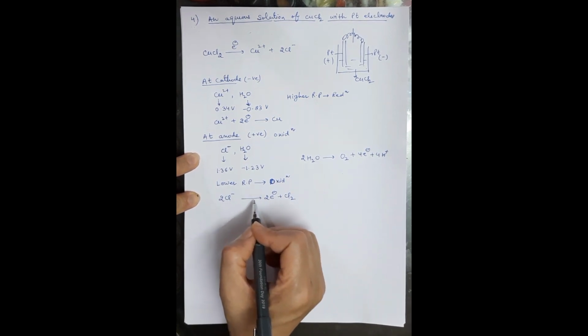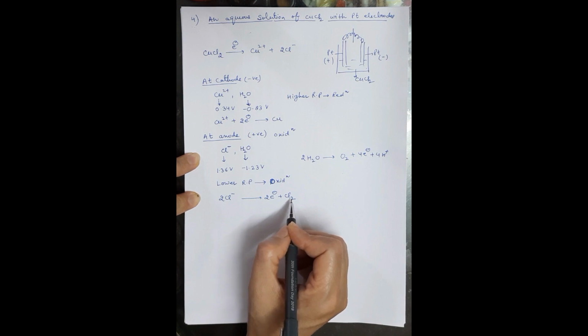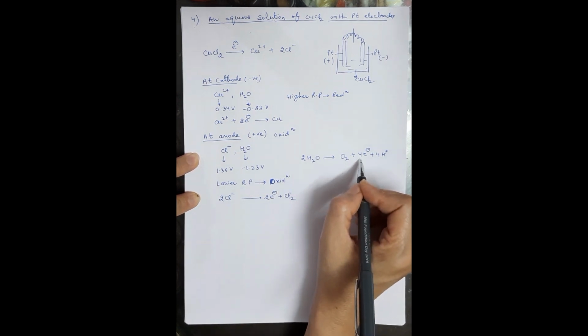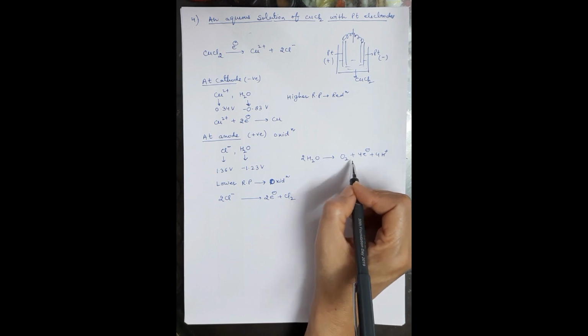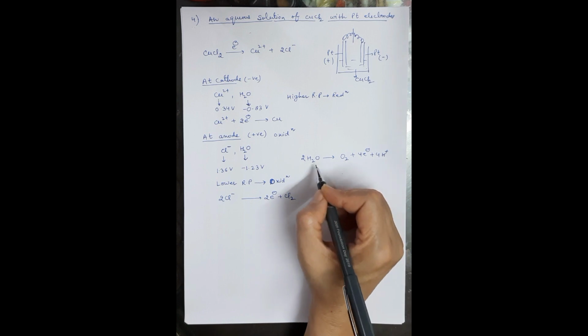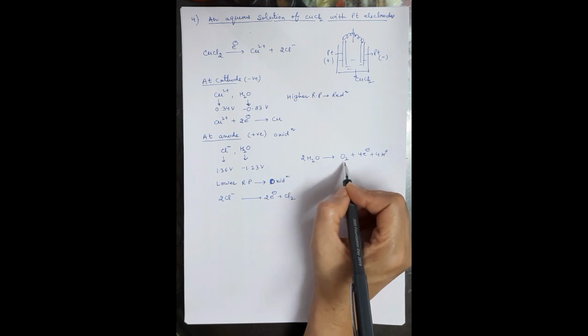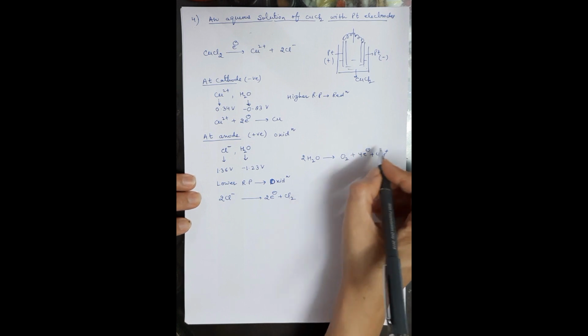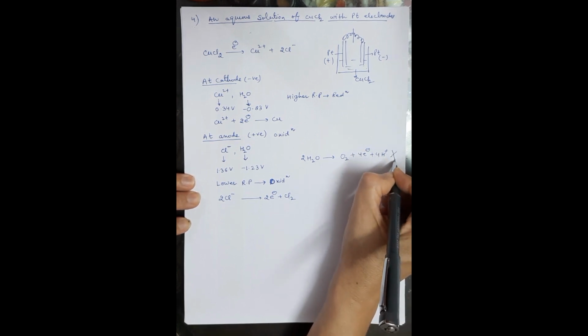This reaction is taking place at an appreciable speed, whereas this is a very slow reaction. So in order to make this reaction happen, we need extra voltage. Oxidation of water to O2 requires extra voltage, which is called overvoltage. So now under such condition, this will not undergo oxidation.